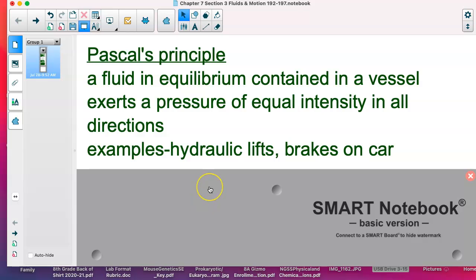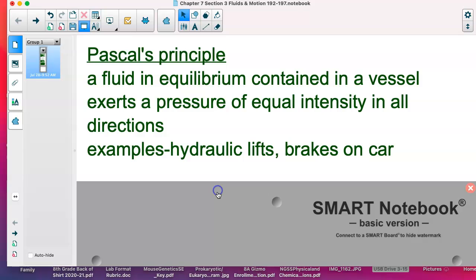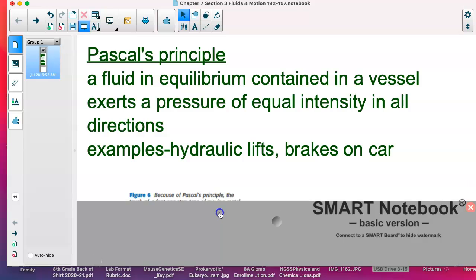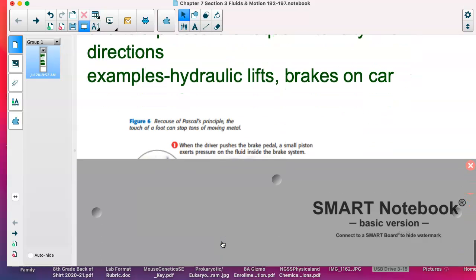In our everyday lives, we have brake systems in our cars, hydraulic lifts that might lift the back end of a trailer or something up to carry things in and out of, like a big semi. We use hydraulic lifts in lots of different ways, but they all use this idea, the fluids. There's even brake fluid or hydraulic fluid that we put in cars and different things to make sure that that is what's happening. So that would be something that we could see in our everyday lives.